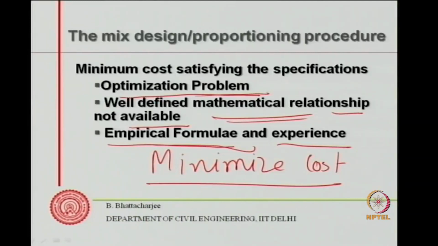Therefore, we can't formulate it as a mathematical problem. And even if we do, it will be case specific. So use of very sophisticated software, etc., really doesn't make sense at the moment. They are not very conducive.